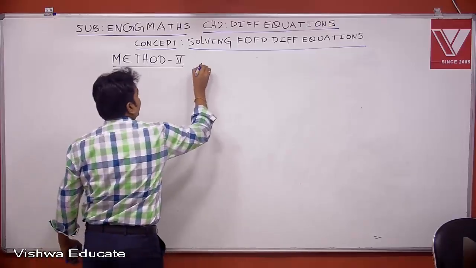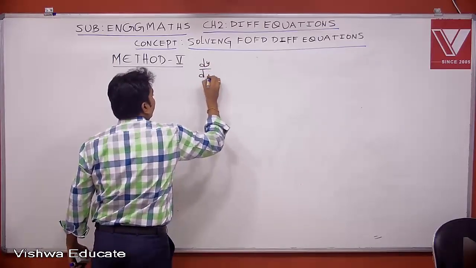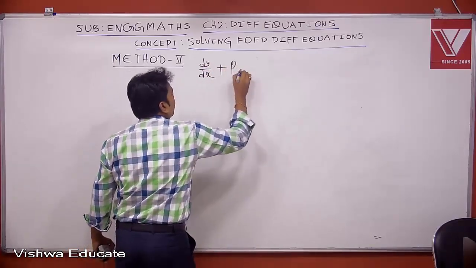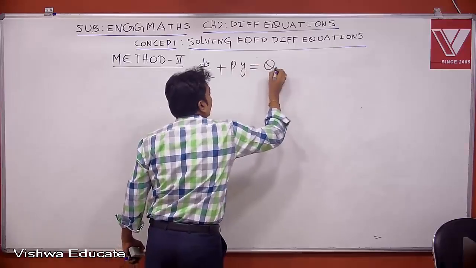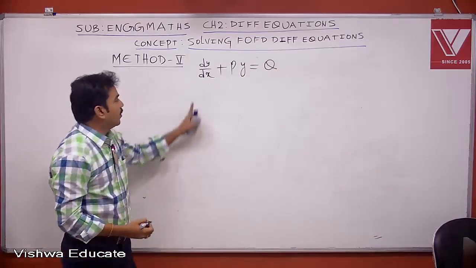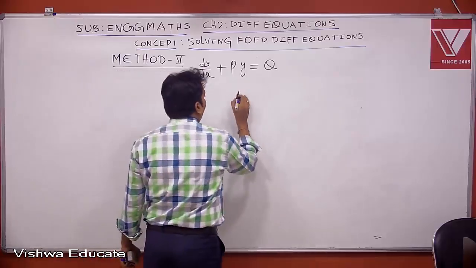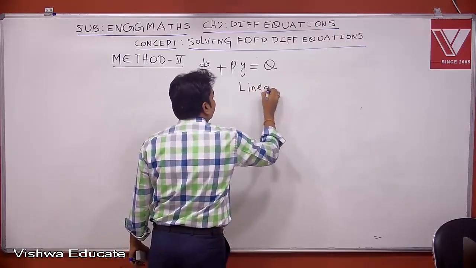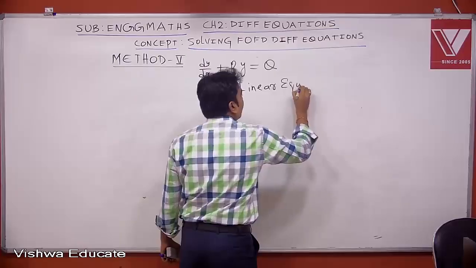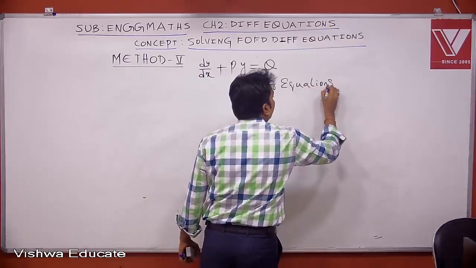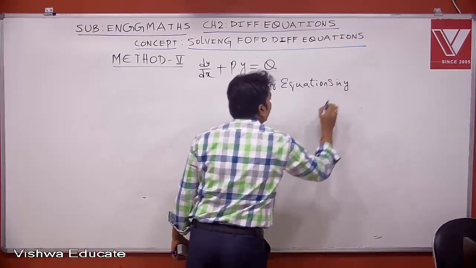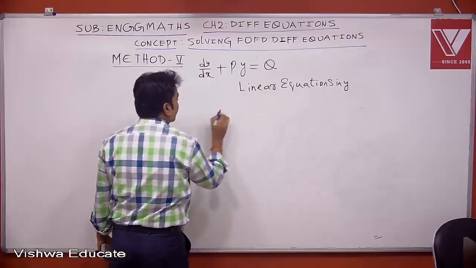Suppose I have an equation like this, dy by dx plus py equal to q. Such equations are called linear equations in y. Now we should know what p and q are.